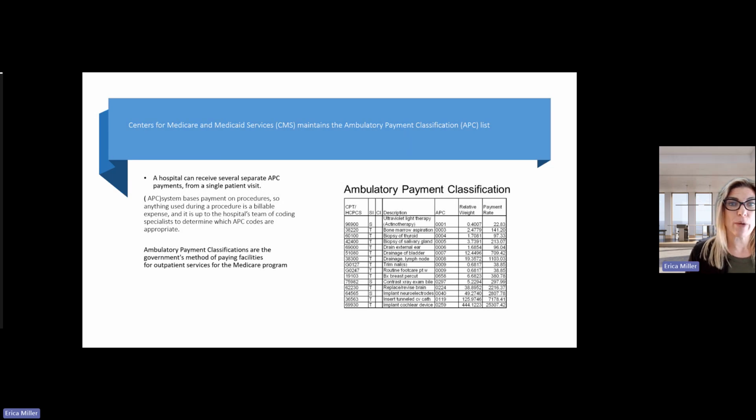So the ambulatory payment classification bases payment on procedures. So basically anything used during a procedure is a billable expense, and it's up to the hospital's team of coding specialists to determine which APC codes are appropriate. So the ambulatory payment classification is the government's method of paying facilities for outpatient services for the Medicare program.